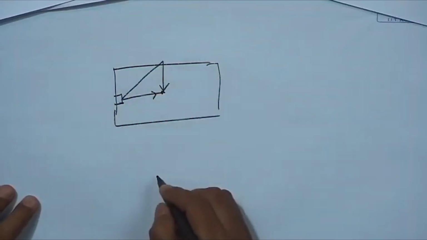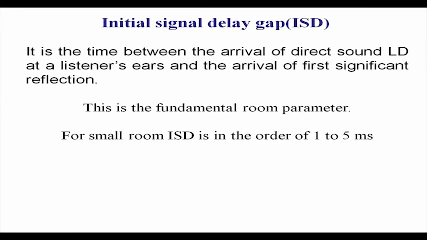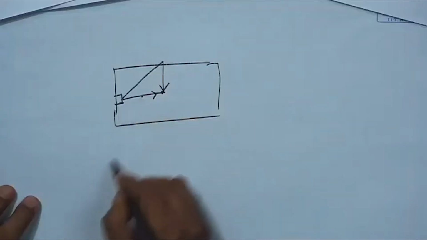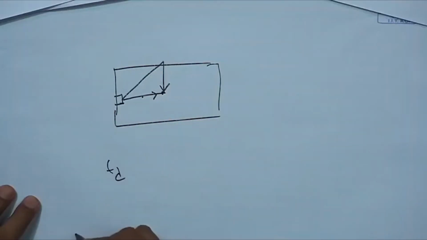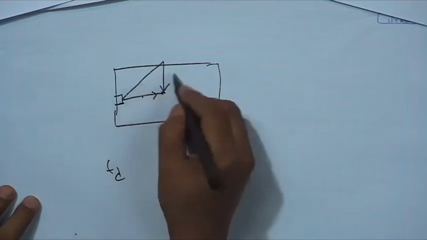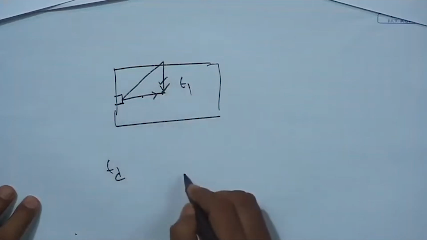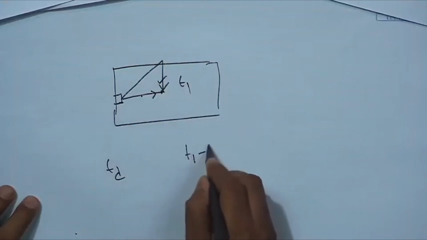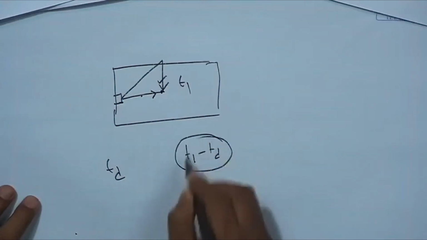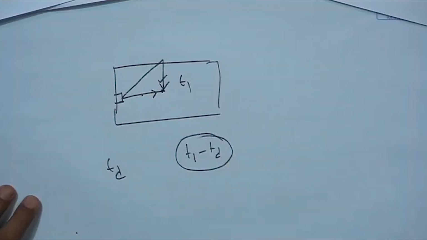So, initial signal delay gap is the time between the arrival of the direct sound, let us say TD is the direct sound arrival time, and the first reflection, let us say, came at T1. So, the time delay T1 minus TD is the initial signal delay gap. Okay.